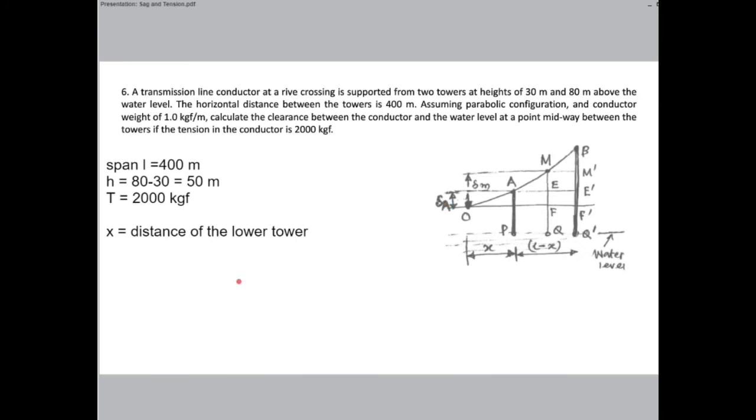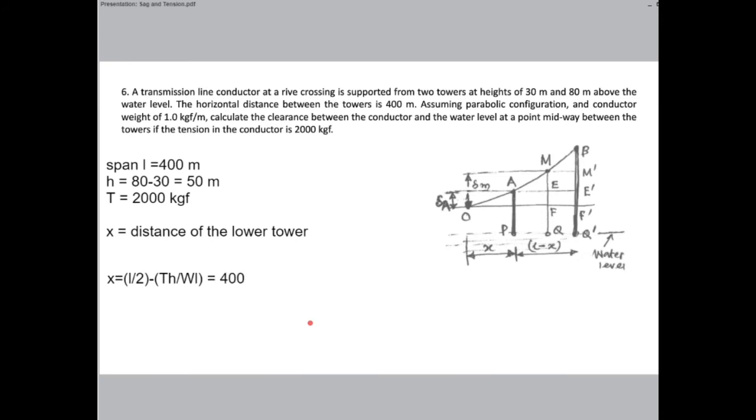If that is the case, then we can write down the same equation: x is equal to L over 2 minus T H over W L. And now you know all the values.